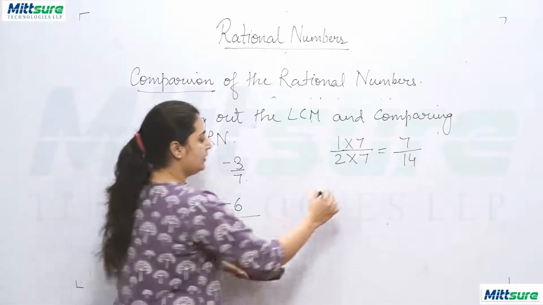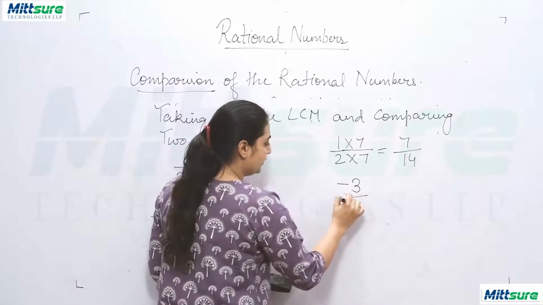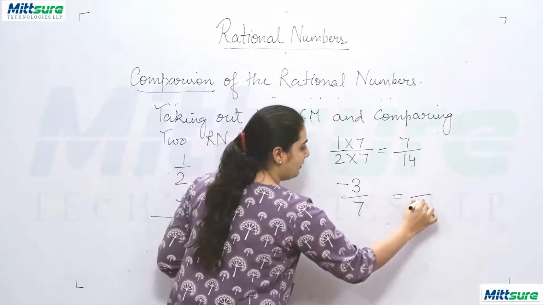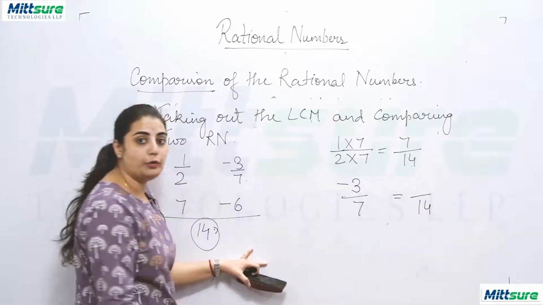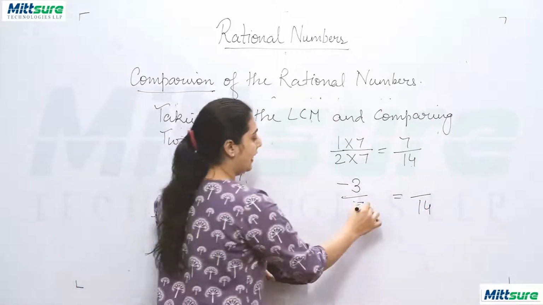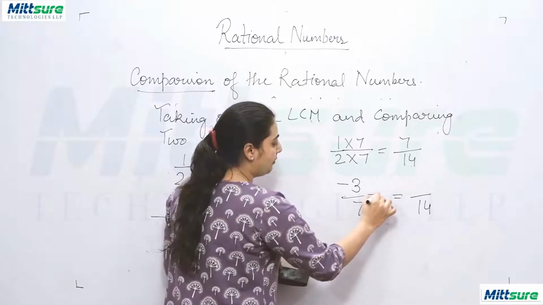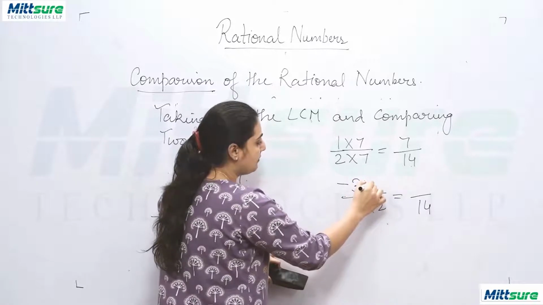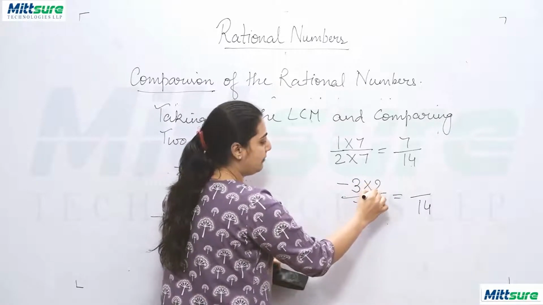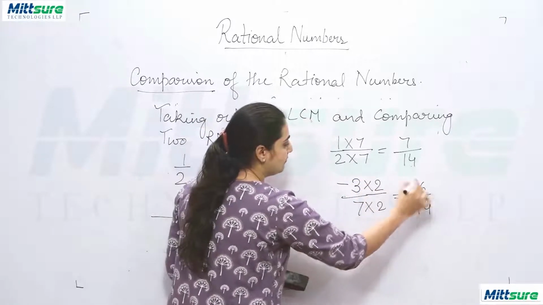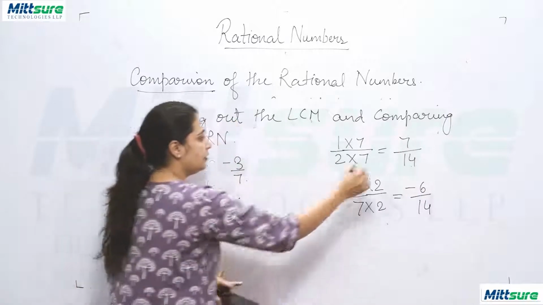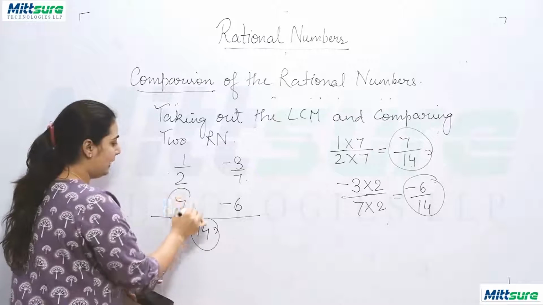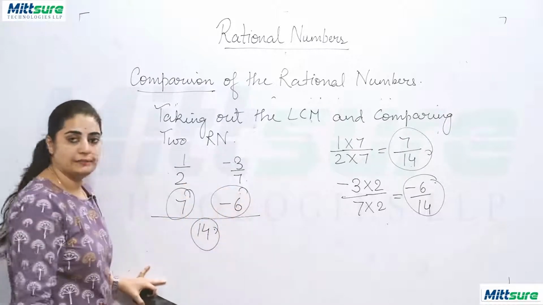In the same manner, when we equalize minus 3 upon 7 according to the LCM 14, what do I get? I multiply this denominator by 2, then I get 14, and this minus 3 is also multiplied by 2. Here I get minus 6. So these two are same as here.